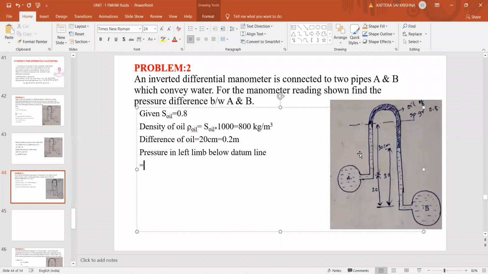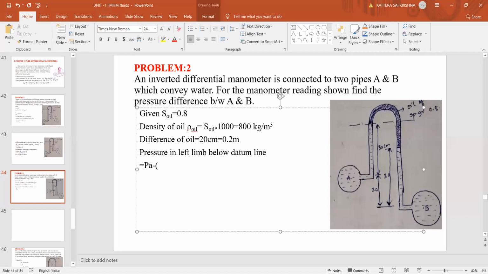On the left side, if you see here, the left limb, one is PA, right? Minus one more because of this water. So two terms you'll get. One is P_A, which you write with a subscript, PA minus.